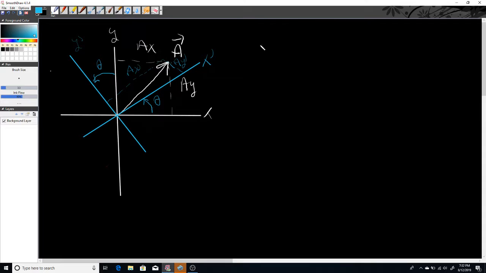So if we write out the vector A, we know that we can represent it two different ways. We can represent it as a of x times i, because this is the unit vector for i, plus a of y times j, because that's the unit vector for j right there.